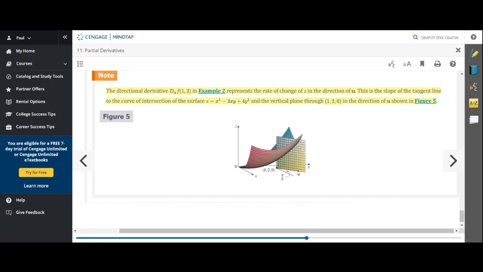So this is a really, really important kind of problem. You can imagine, right? So, are there any questions on this example 2 that we just looked at?